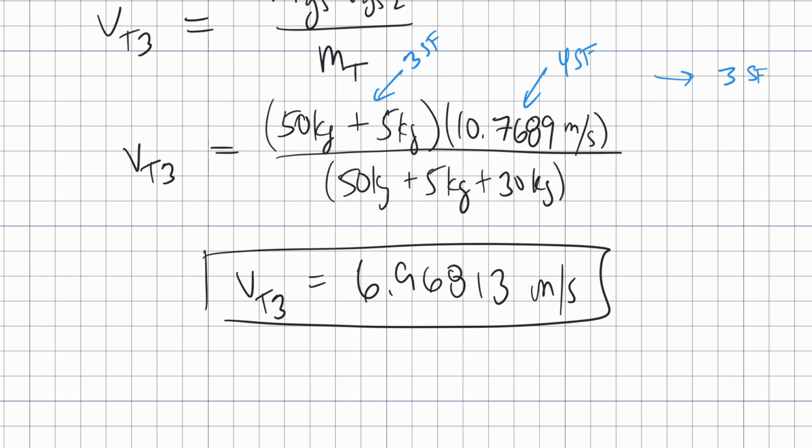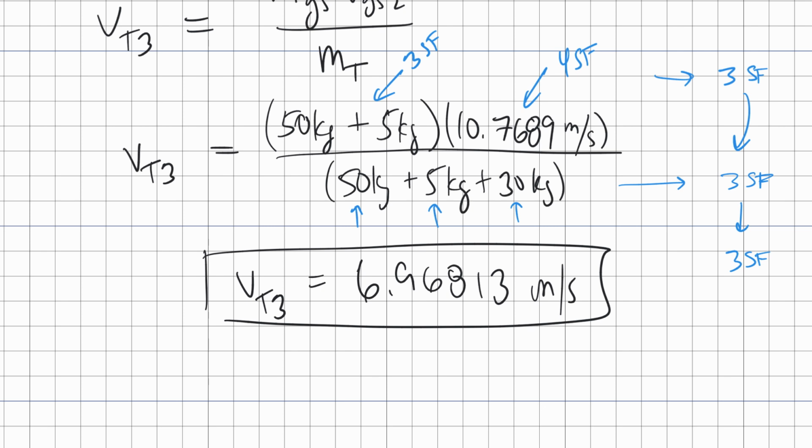Now on the bottom, this has 2 decimal places, this has 1 decimal place. Remember that's 50.0, this is 5.00, and this is 30.0. So we're going to have 85.0, so that's 3 sig figs on the bottom. When we divide 3 sig figs by 3 sig figs, we end up with 3 sig figs.